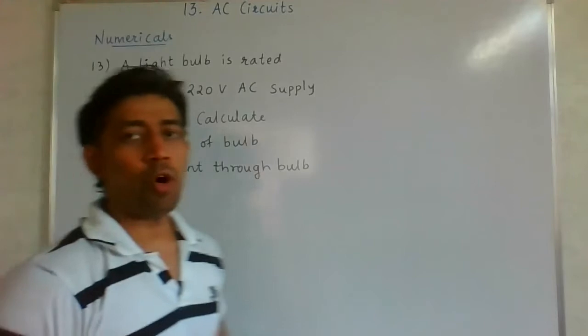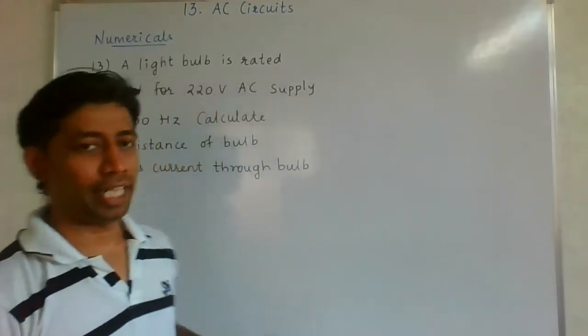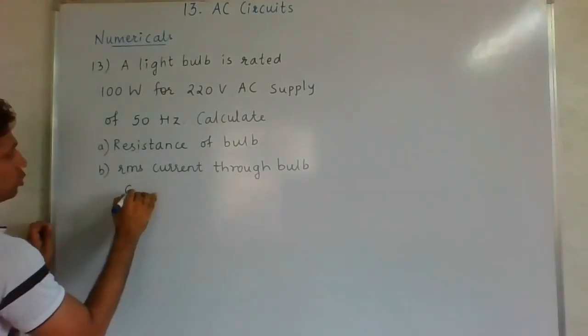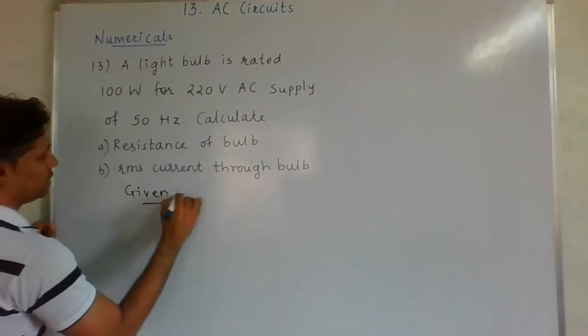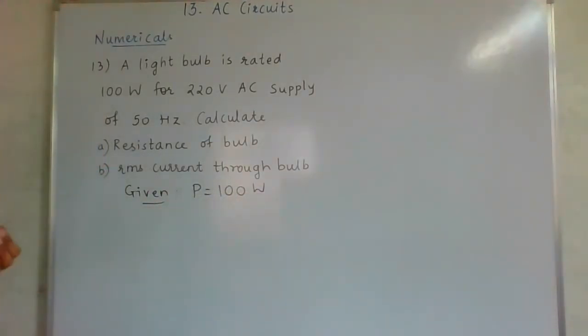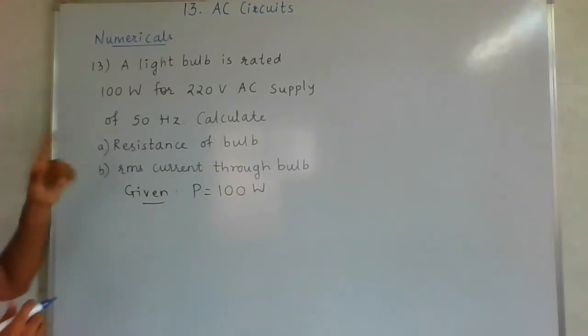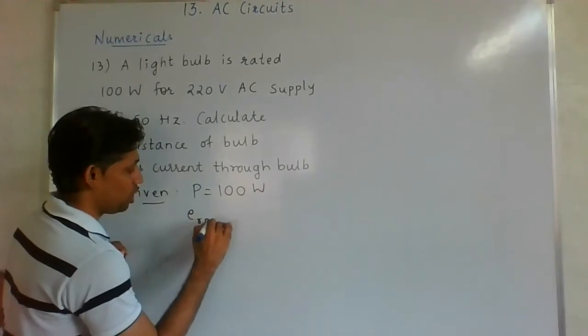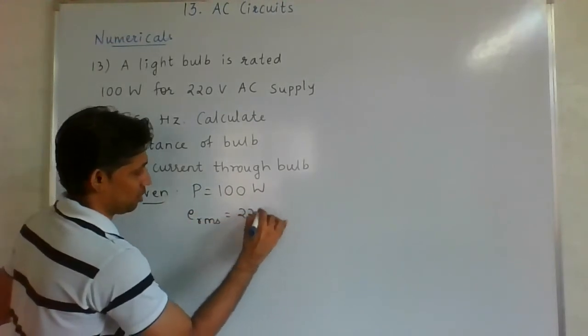Okay, so let's move on to the next numerical, number 13. You can observe we have a light bulb whose power is given as 100 watt. So P is equal to 100 watt and it is supplied with 220 volt AC. Now this EMF will always be your RMS EMF.